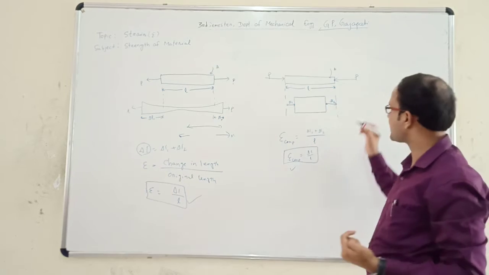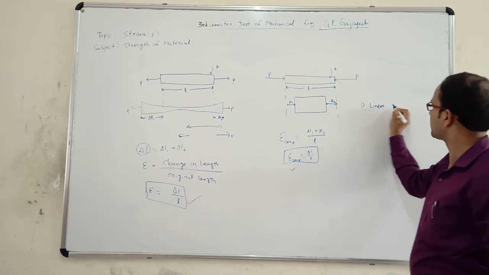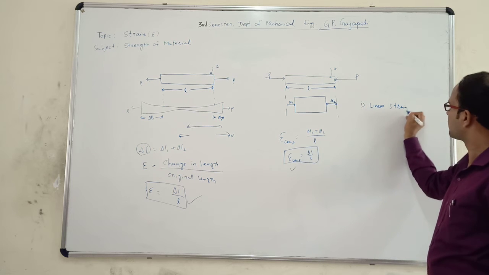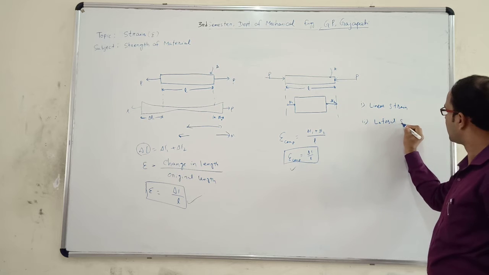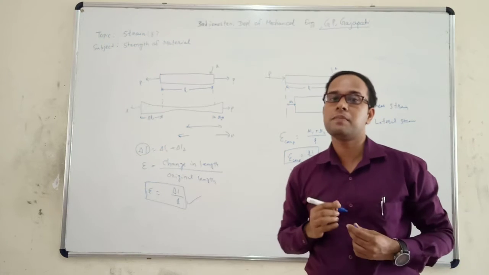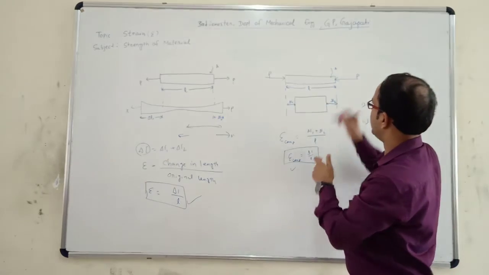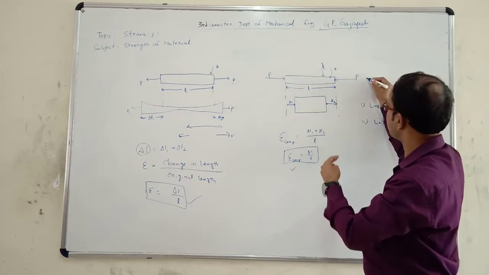These are linear strain. What is lateral strain? That means if we take the change in dimension perpendicular to the direction of application of force. Let the diameter of this body be D. This is a circular cross section.